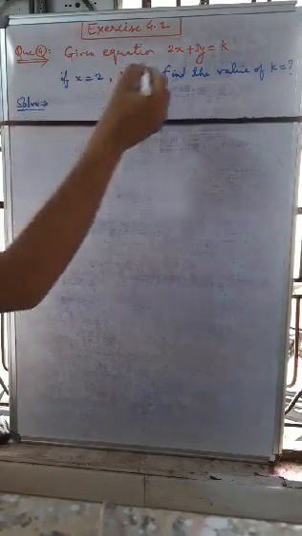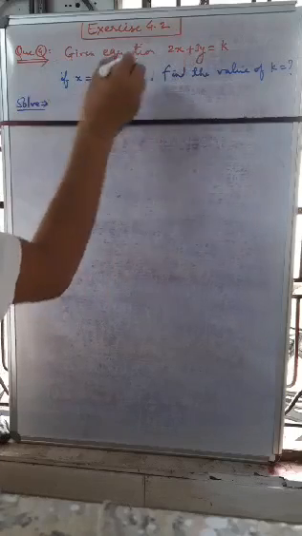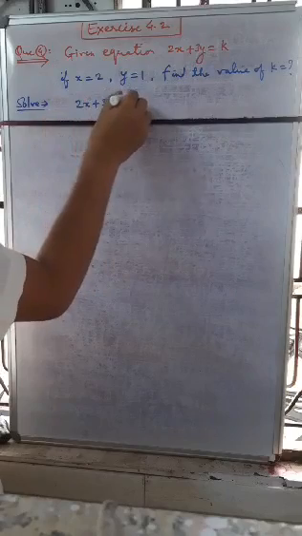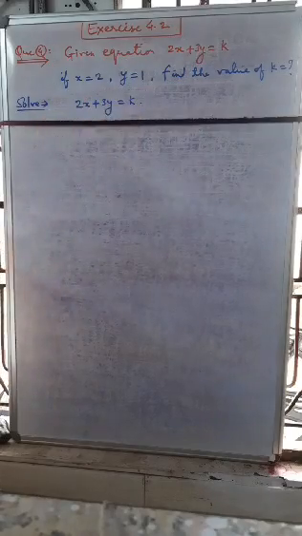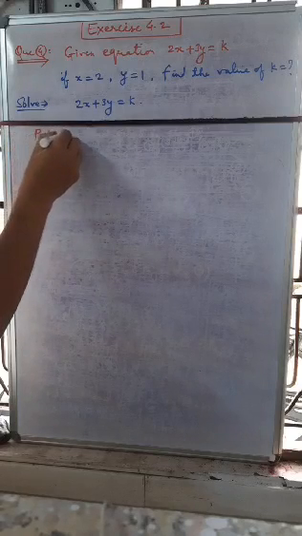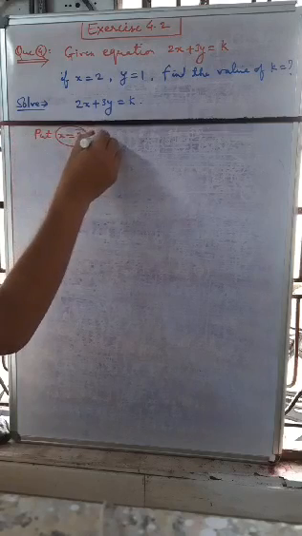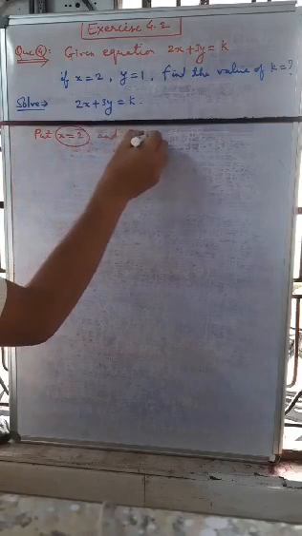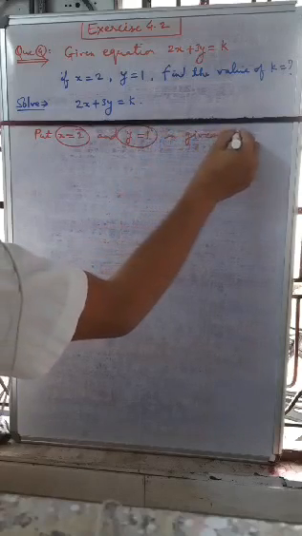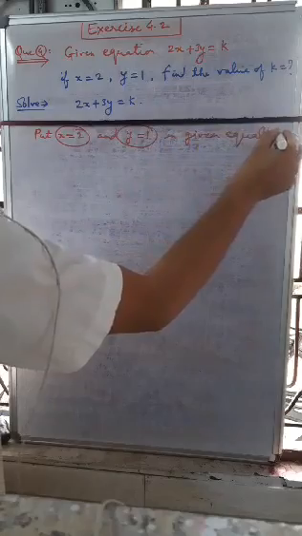We will put in the values. So the given equation is 2x plus 3y is equal to k. Here you will put x is equal to 2 and y is equal to 1 in the given equation.